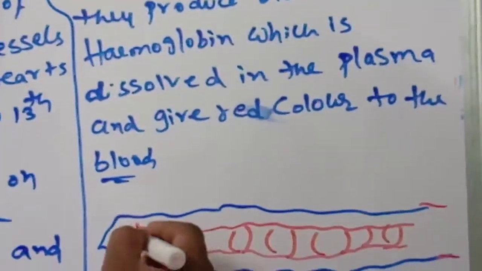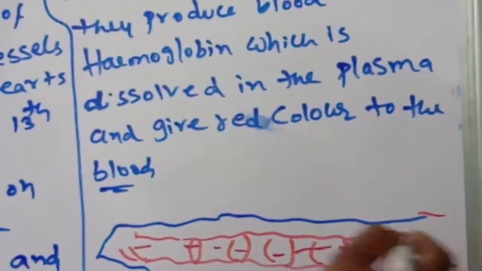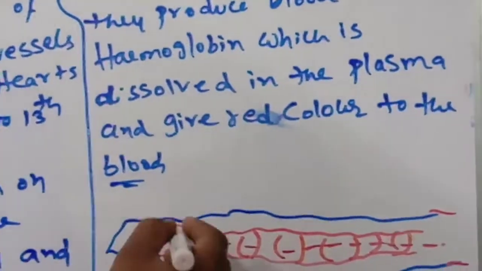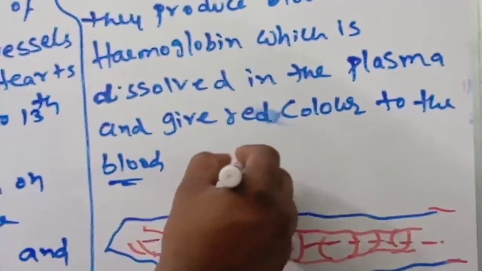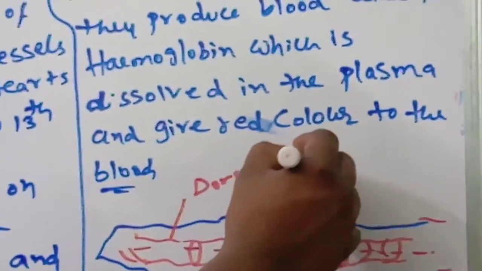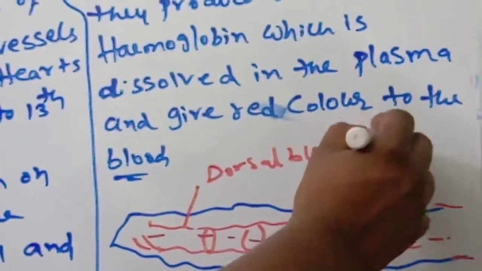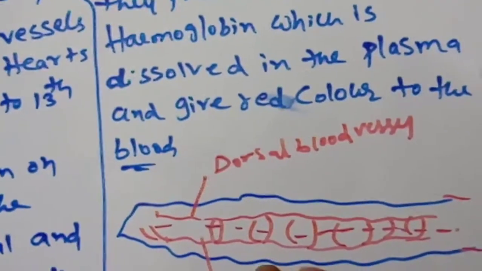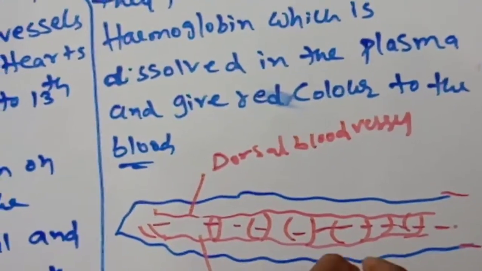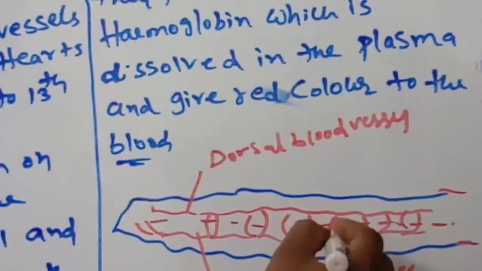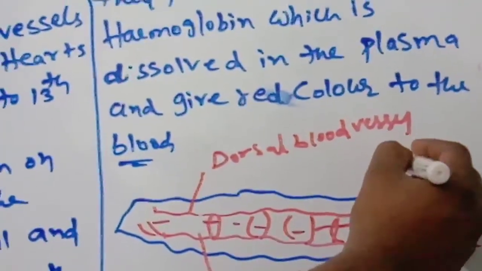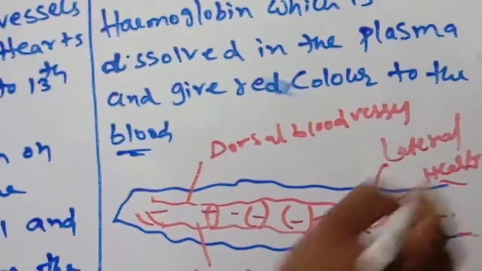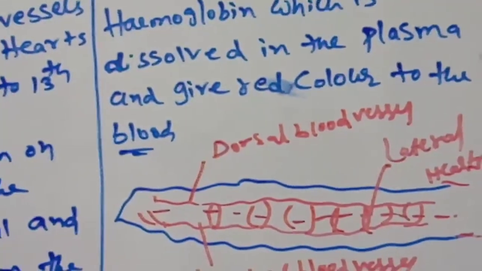This is the middle elementary canal, right? So observe very carefully. This is the dorsal blood vessel, and down below, one ventral blood vessel, and these all are what are called lateral hearts. Observe very carefully.